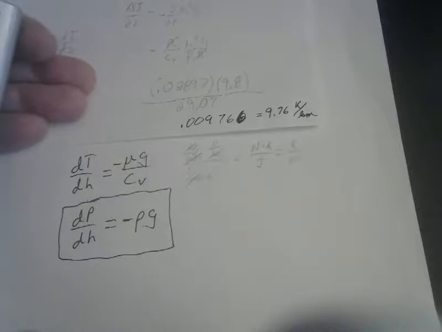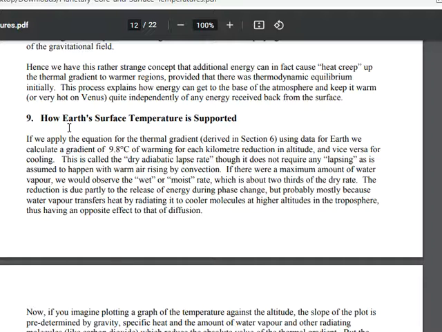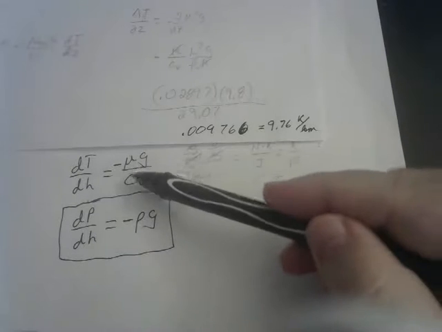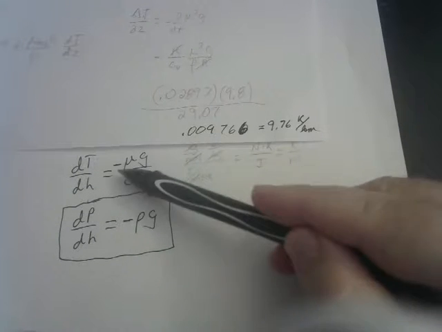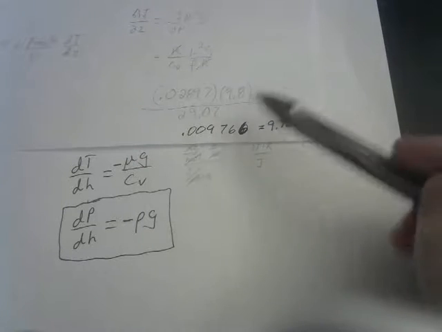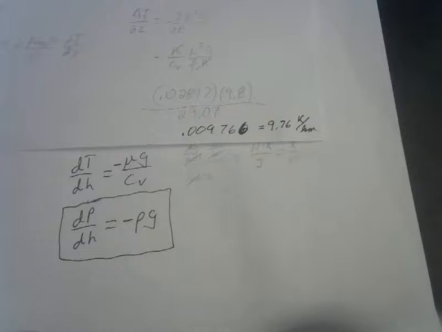So there we are. Now I can finally get back into section 9 of planetary core and surface temperatures, where he says, using data for Earth, we calculate a gradient of 9.8 degrees Celsius of warming for each kilometer of reduction in altitude, and vice versa for cooling. Because I actually did just calculate dT/dh equals negative mu g over c sub v, and those values came out to be 9.76, very close to 9.8 Kelvin per kilometer.